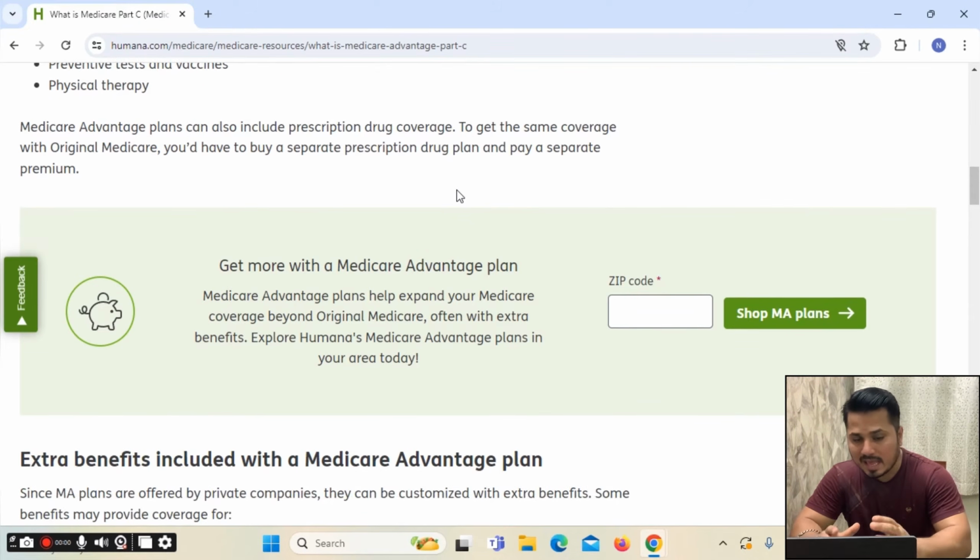Medicare Advantage plans can also include prescription drug coverage. To get the same coverage with original Medicare, you would have to buy a separate prescription drug plan and pay a separate premium, guys.